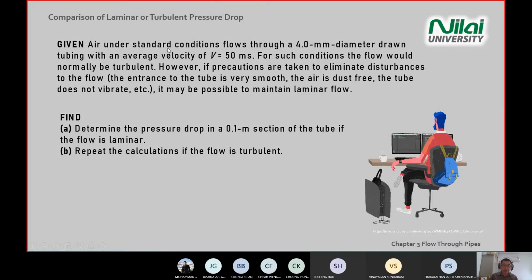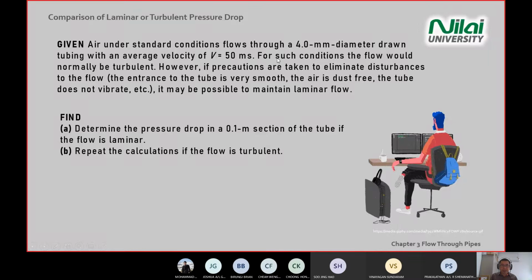Standard condition means 15 degrees C and standard pressure. Flow through a 4 mm diameter tube, and average velocity here is 15 meters per second. Again, typo error, this is meters per second.